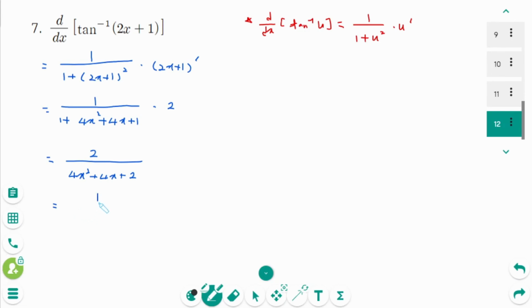We can simplify to 1 over 2x squared plus 2x plus 1.